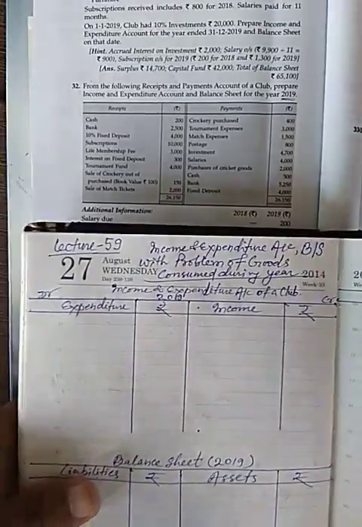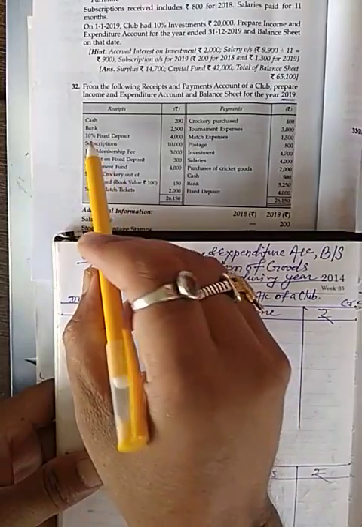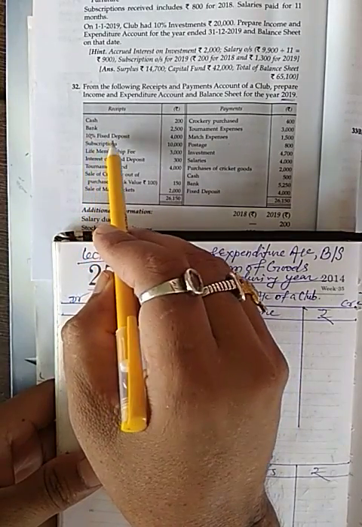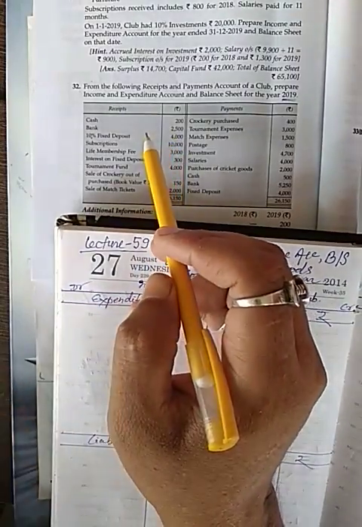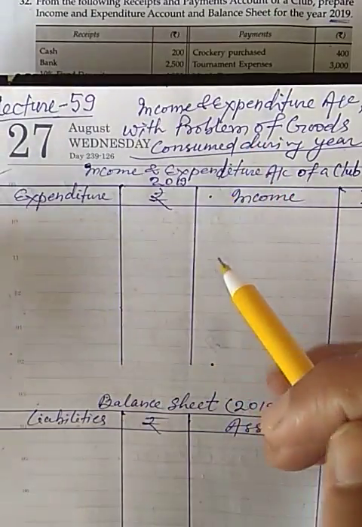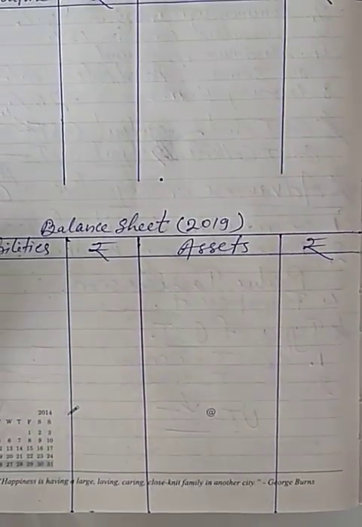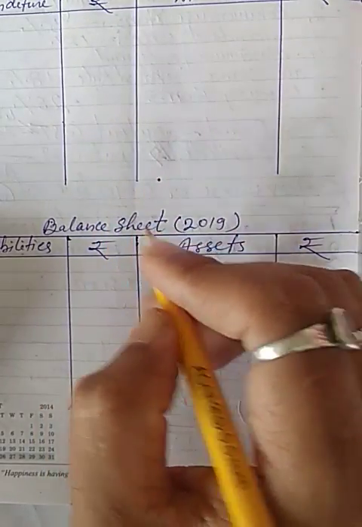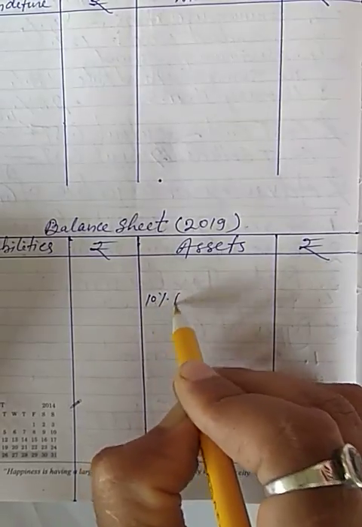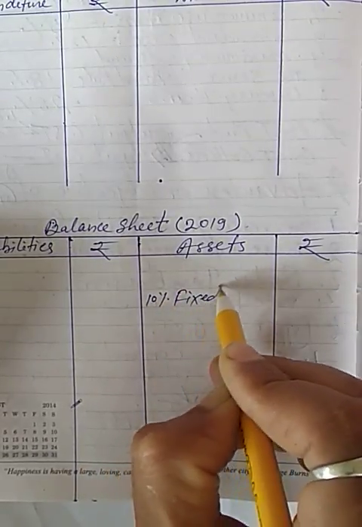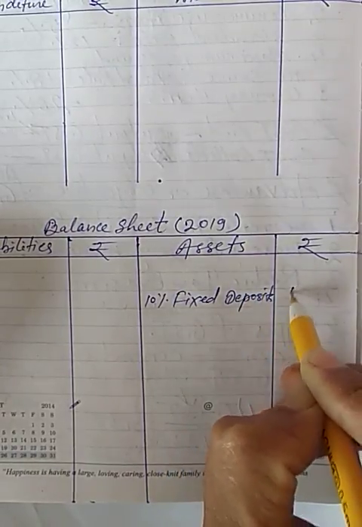Now next item is given, 10% fixed deposit 4000. So I will write it in asset side because this is capital expenditure. 10% fixed deposit 4000.